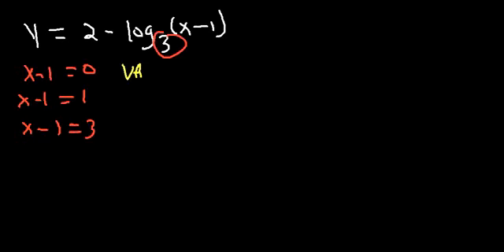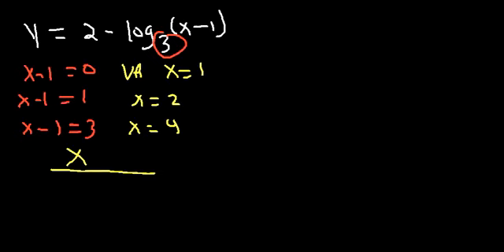So the vertical asymptote is x is equal to 1, and our other points are 2 and 4. So let's make our table. If we plug in 2 for x, it's 2 minus 1, which is 1. Log of 1 is 0, so 2 minus 0 is 2. If we plug in 4, 4 minus 1 is 3. Log base 3 of 3 is 1, and so 2 minus 1 is 1.